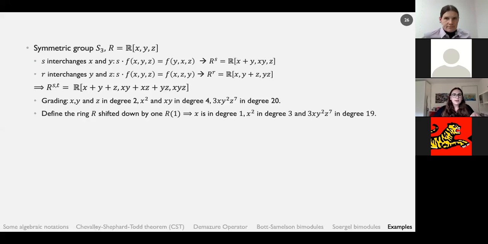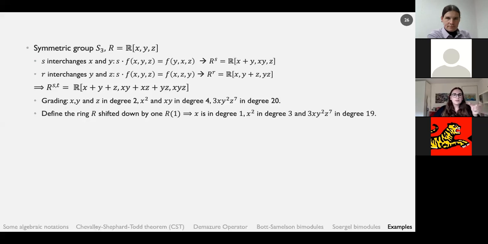Then the subring fixed by both simple reflections S and R, which is also the same as for the whole group S3, is the polynomial ring over R where the generators are x + y + z, xy + xz + yz, and xyz. Those are all independent generators.